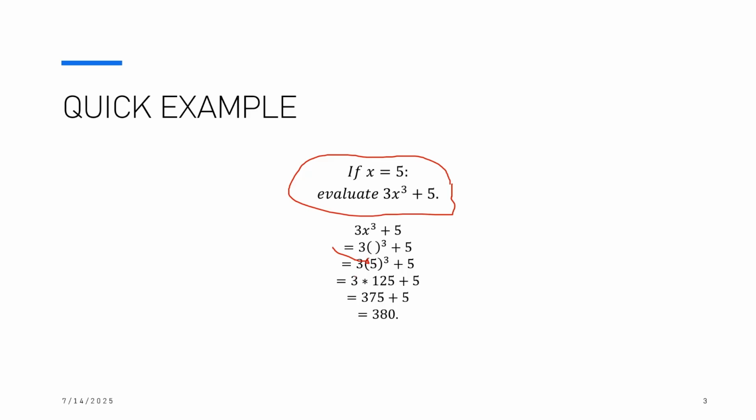Then you evaluate the expression with the x replaced by the 5, until you get your answer, which is 380. I have checked online for the correct answer, and this is it. So with that being said, let's quickly get into the lesson.